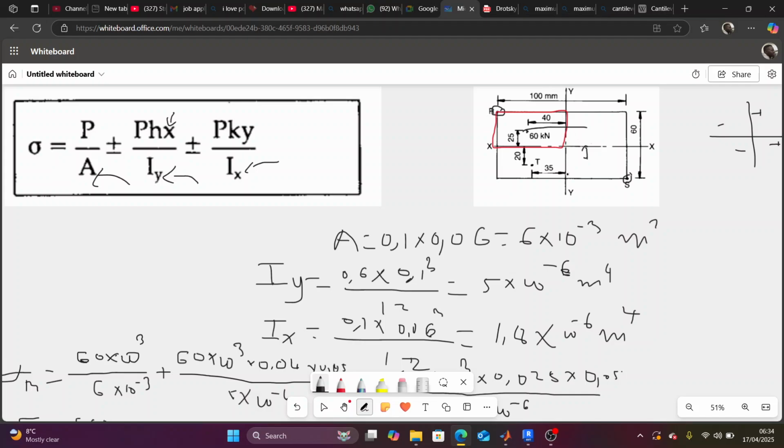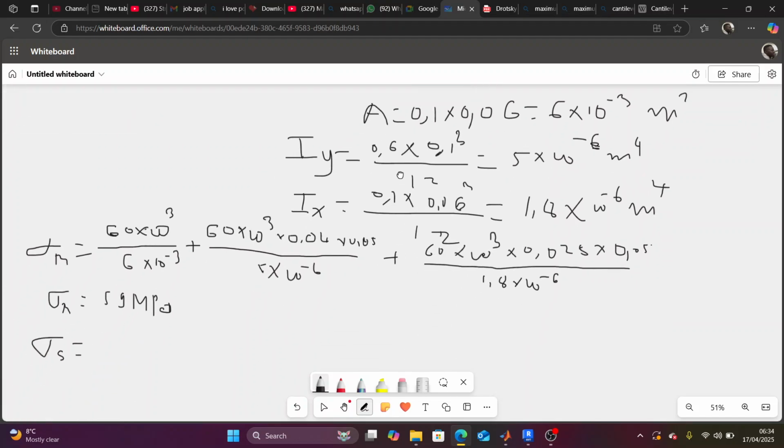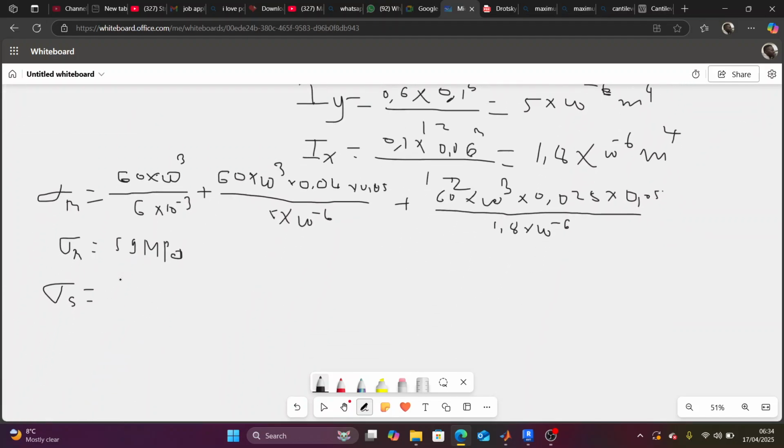The same applies with y. You are jumping y. Before doing all this jumping to have these dimensions on this quadrant, definitely the signs in the formula should be negative, but the moment will be the same. That's why for point S, it is also force with 60 times 10 to 3.